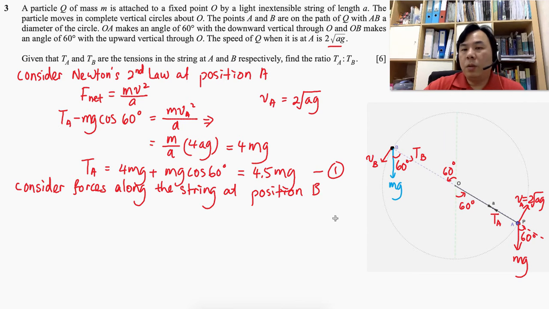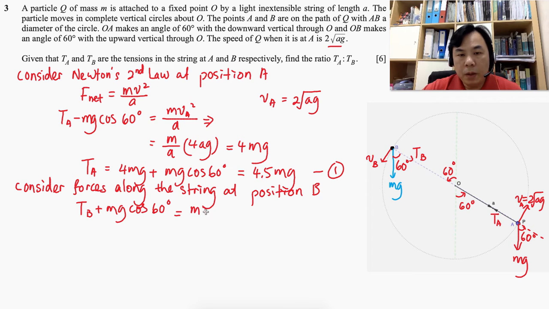Now applying Newton's second law would yield TB plus mg cosine 60. This will be the resultant force in this case. You can see that both of these forces are actually acting towards the center itself. So therefore the resultant will be equal to m vB squared, the speed of the object at position B here, divided by A there.